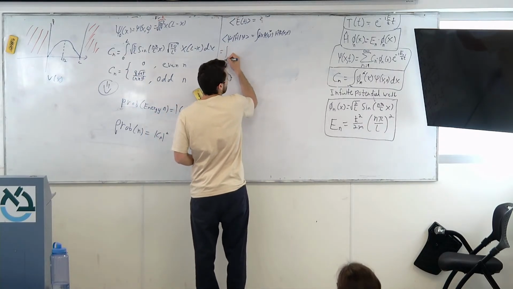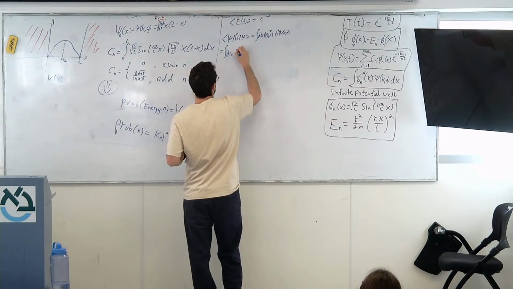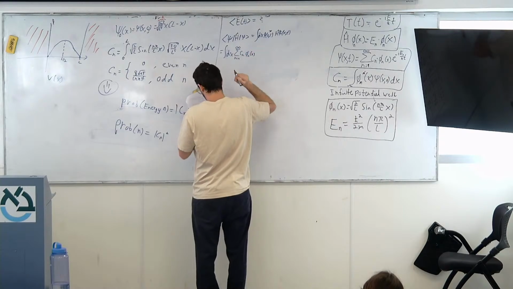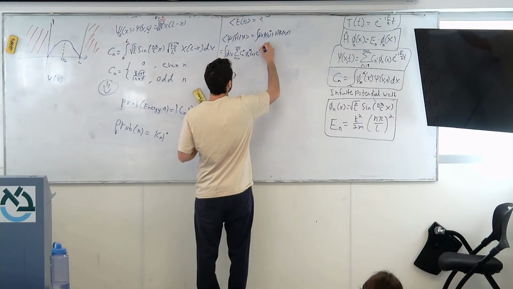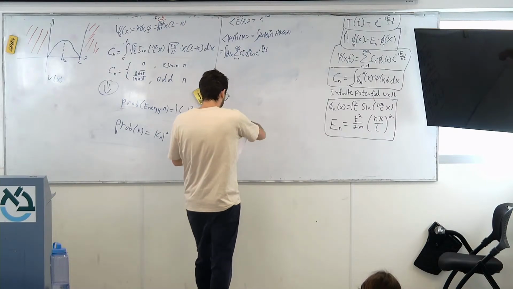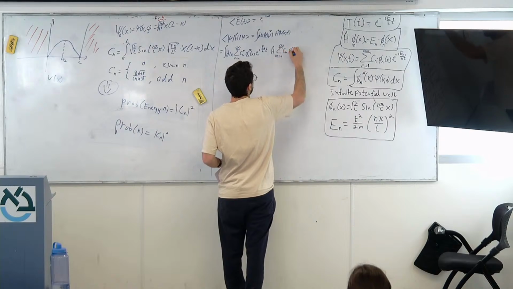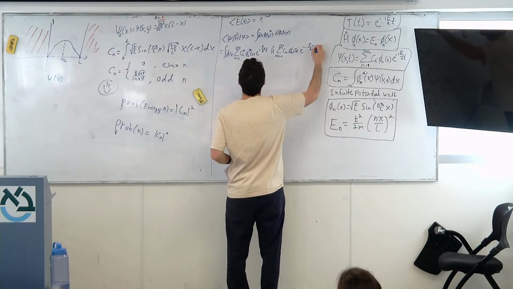Let's write it using the full definition of psi of x and t: dx, sum over n equals 1 to infinity Cn phi n of x, conjugate, e to the i E n over h bar t, and H operator, sum over m equals 1 to infinity Cm phi m of x e to the minus i E m over h bar t.